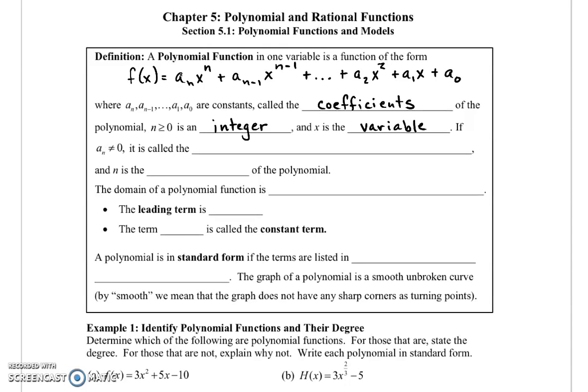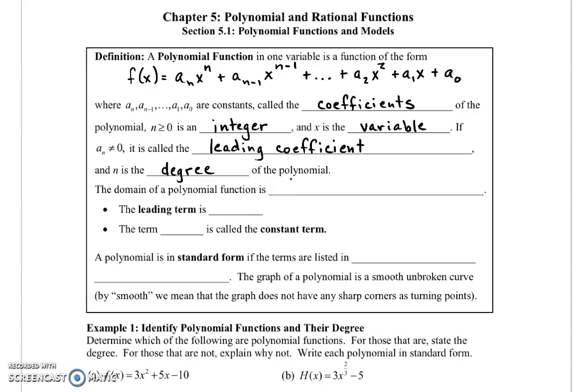If a sub n is not equal to 0, so in other words, the coefficient on our largest power of x term, we call it the leading coefficient. And n, the highest power of x, is the degree of the polynomial.